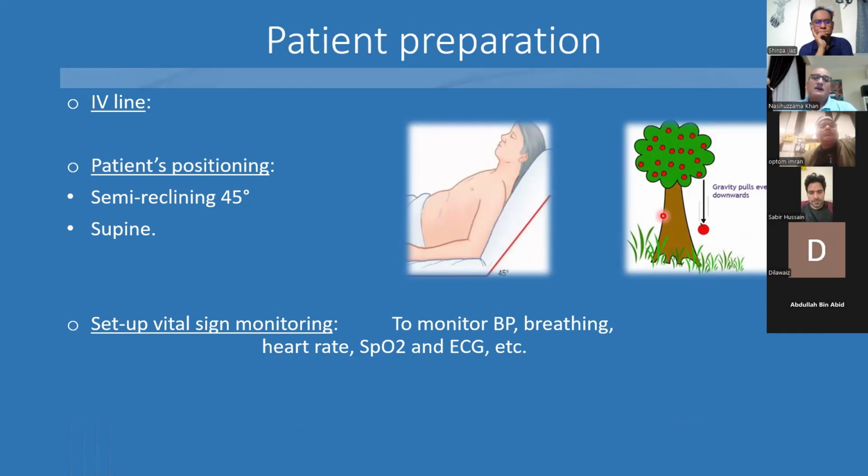Semi-reclining is recommended because, due to gravity, all the fluid accumulates at the apex, the downside of the heart, so it can easily be aspirated at one place. Set up vital sign monitoring for blood pressure, breathing, heart rate, SpO2, ECG, etc.